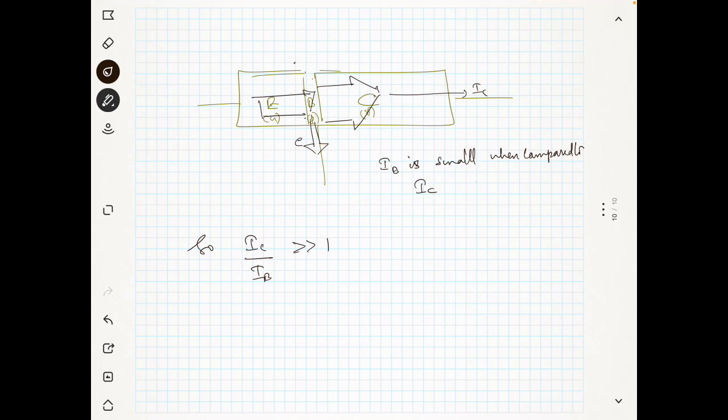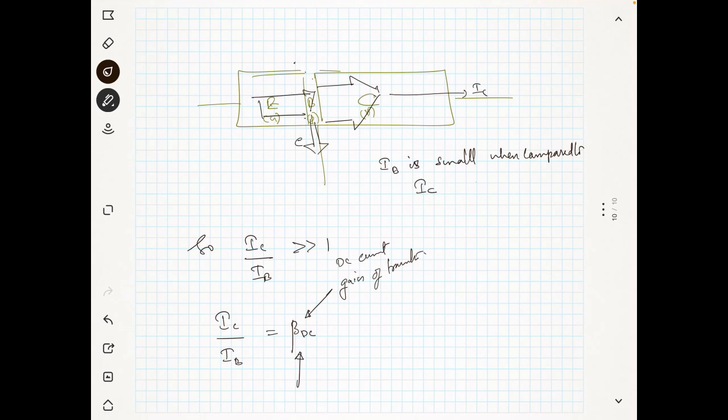How can you control this? We have already seen that IC over IB is equal to beta DC, and this is nothing but the DC current gain of the transistor, okay. So how can you change beta DC, the current gain?